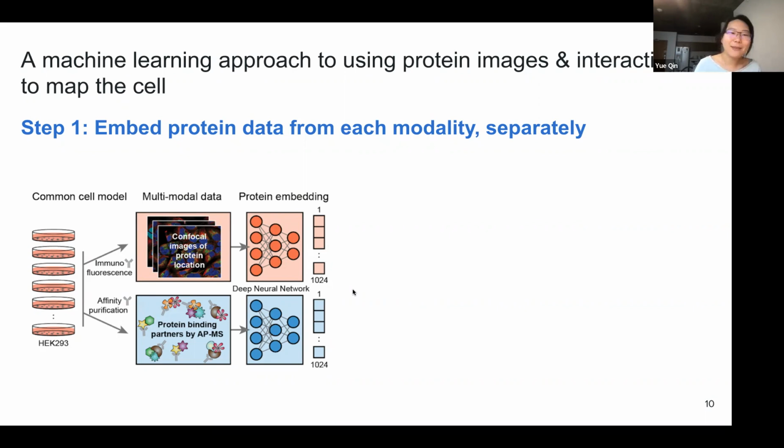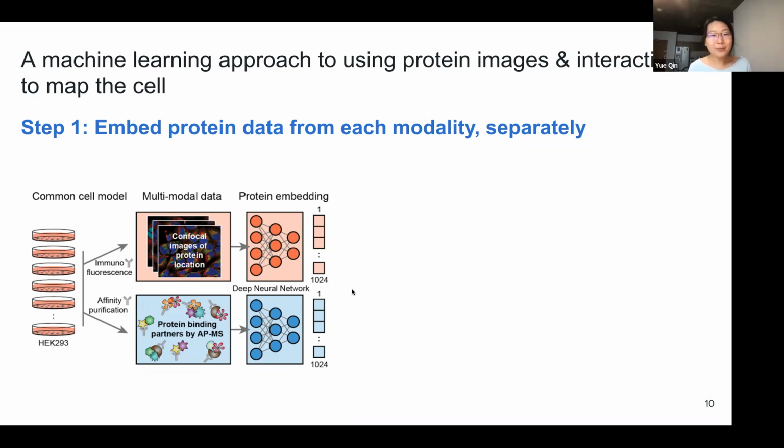For example, in imaging, one kind of noise is the cell orientation, whether it's oriented left or right. We don't really care about that, but we want to know the relative distribution of our protein of interest against cellular landmarks. And in the interaction space, we want to know the local and more global interaction pattern of this protein relative to other proteins.